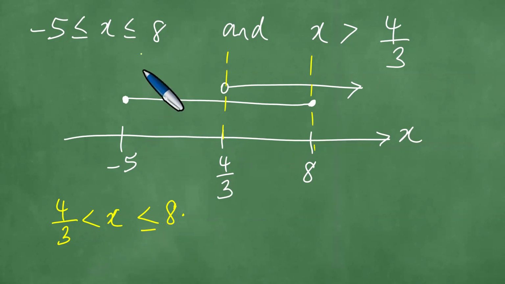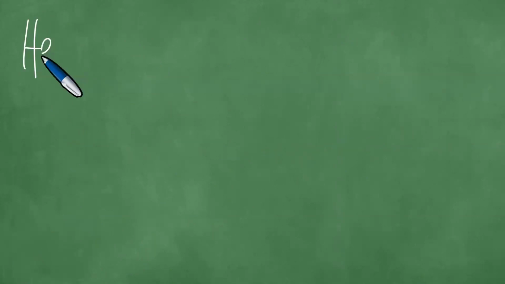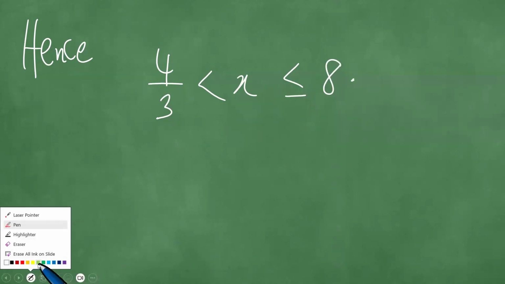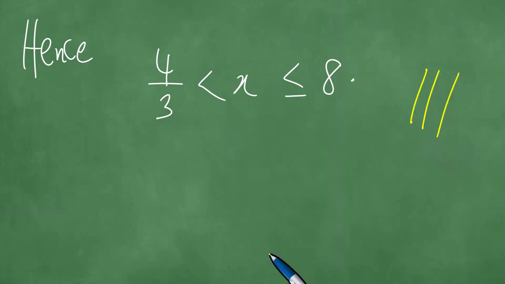Obviously 8 itself is included because of the inclusion, but 4/3 itself is not included. Hence 4/3 is less than x, less or equal to 8. So this is the answer to the problem, and we have solved this particular problem.